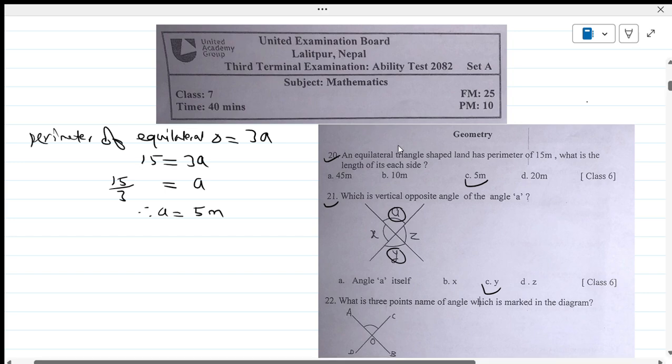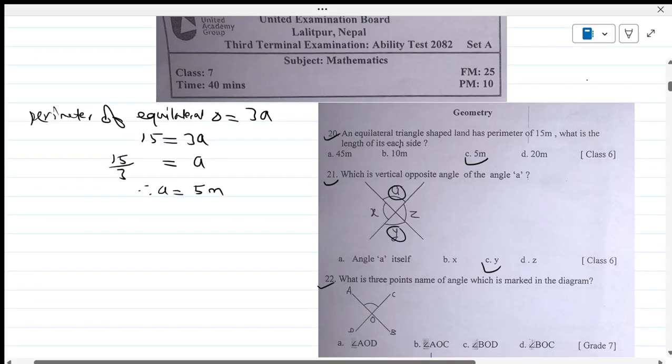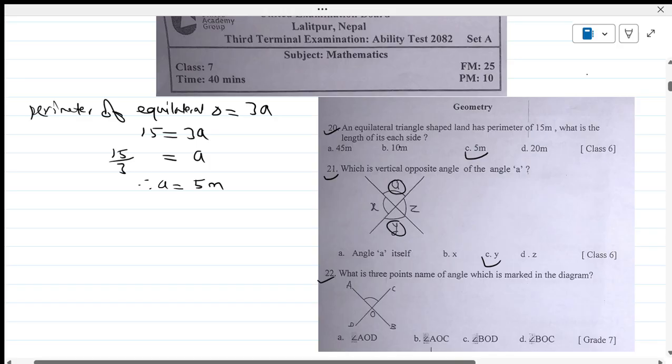Now let's go with number 22. So let's see here, what is the 3 points name of angle which is marked in the diagram, is it? So here angle is marked for this one, is it? And its angle point is O, so O you have to keep in the middle, and by side there is A and C in this angle, so those points we have to keep side by side.